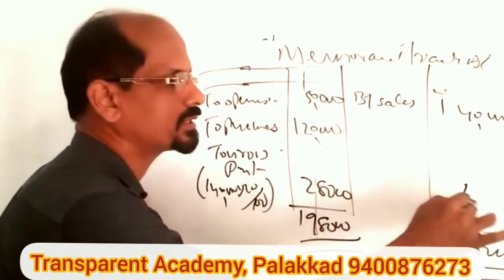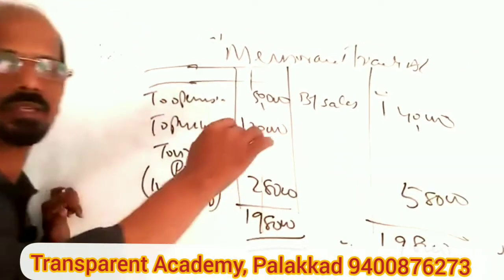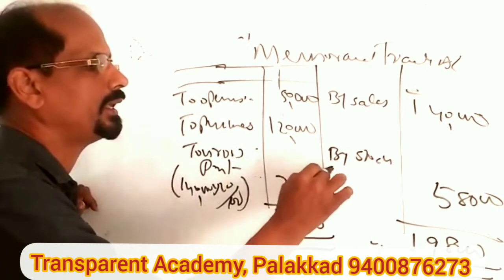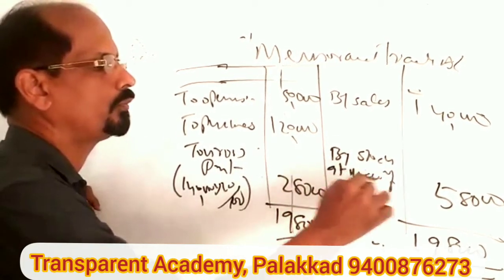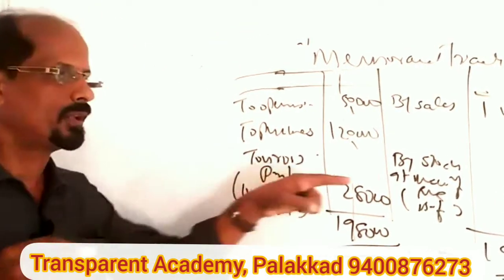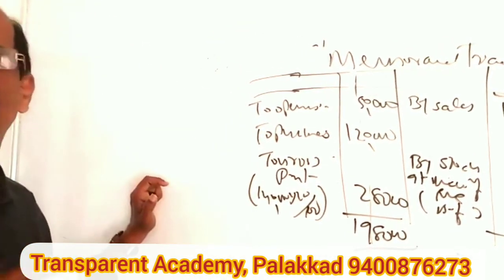You get the balancing figure as 58,000. This is the stock at the date of fire. This is the balancing figure, and you have calculated the stock at the date of fire as usual.